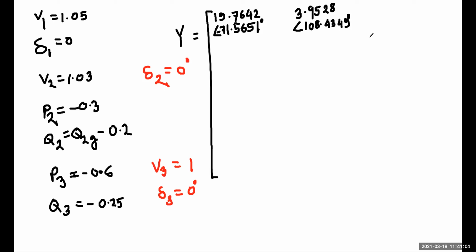Fine. Next one is Y21. Y21 is this one, same value, 3.9528. Angle will be 108.4349. Then comes Y13. Y13 is this one here.